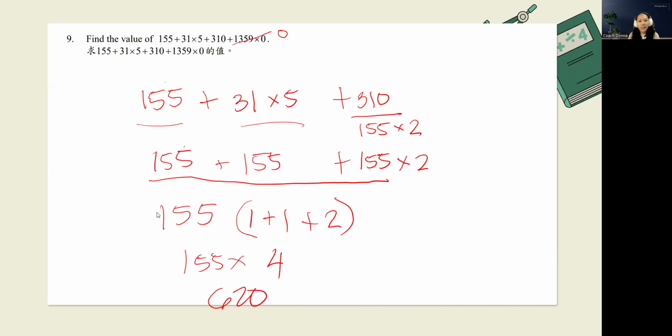Another way is that you could just add 155, 155, and 310 directly. You will still get the same answer of 620, whichever you're more comfortable and confident to use. Okay?